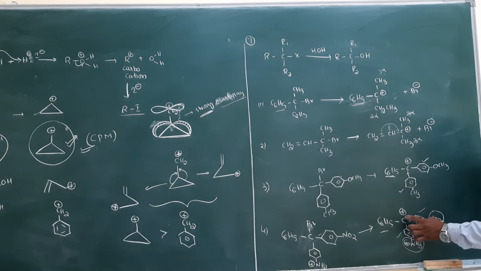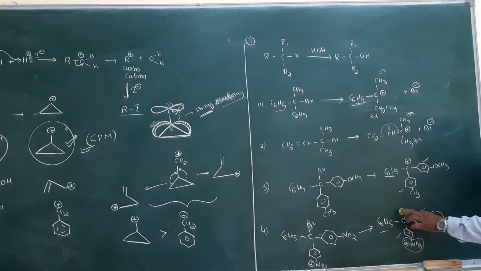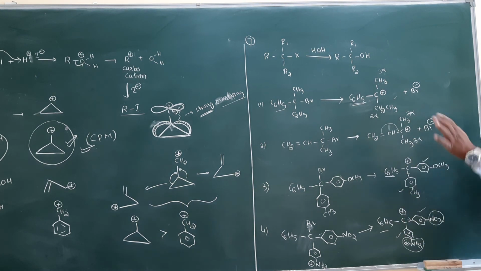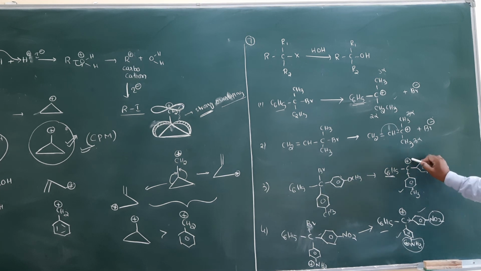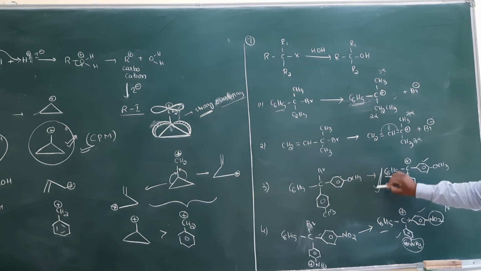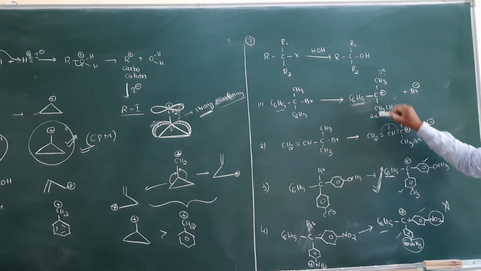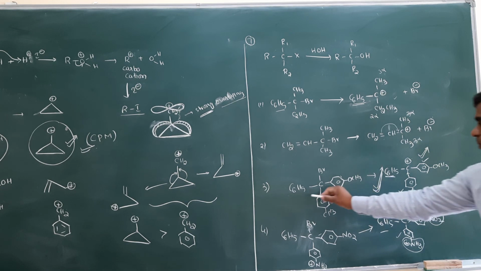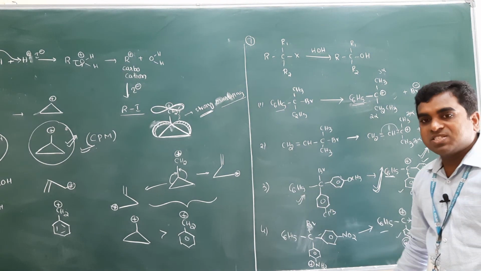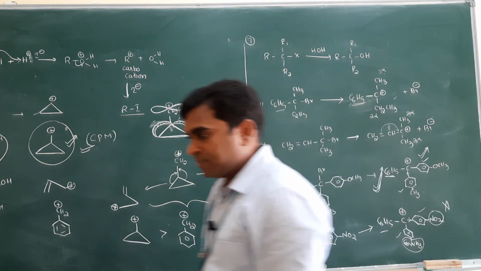So carbon is losing electrons. Losing electrons means positive charge density increases. Charge density increases, stability decreases. So that's why compared to this it is less stable. It is the most stable carbocation compared to the 4. So that's why this compound gives the maximum racemization.